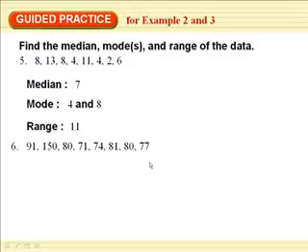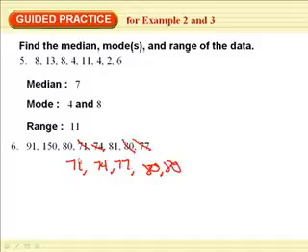All right, so we put them in order again. And we have, let's see, what's the smallest number there? 71 is the smallest. Then we have a 74. Then we have a 77. Then we have two 80s. Then we have an 81. Then we have a 91. Then we have a 150.